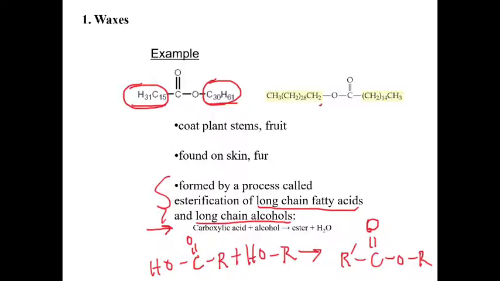Again, you can see the alcohol out here was formed by this carbon right here. So that's one carbon, there are 28 CH2s, and then one more carbon right there. That's a total of 30 carbons. And on this side, there are 15 carbons. These two structures tend to be very similar, but once again, what's highlighted in yellow are the nonpolar areas, and then you have this little polar group in the middle.